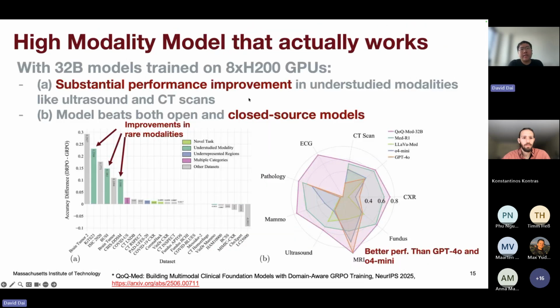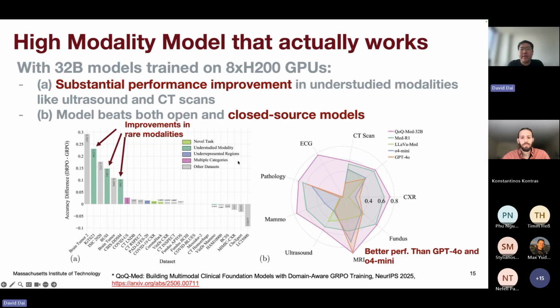With this method, we train the multimodal large language model of up to 32 billion parameters on 8 H200 GPUs. We see that DRPO, which is our method, performs much better than the vanilla DRPO on our dataset, especially on understudied modalities like ultrasound and CT scans.